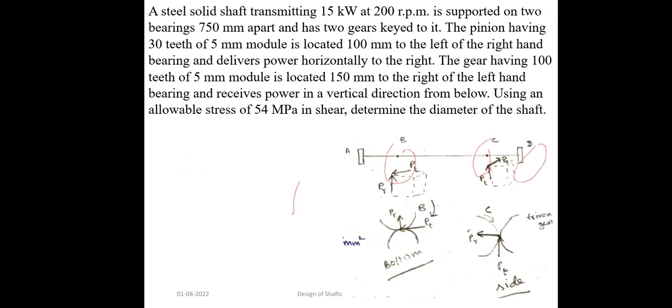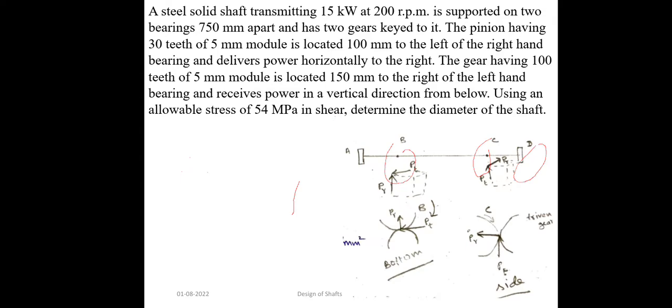So the pinion C is delivering the power, and pinion B receives the power. That is, input is given on pinion B and output is taken on pinion C. This is what they have given. One more thing, how input is given or how output is taken, we will read it closely.